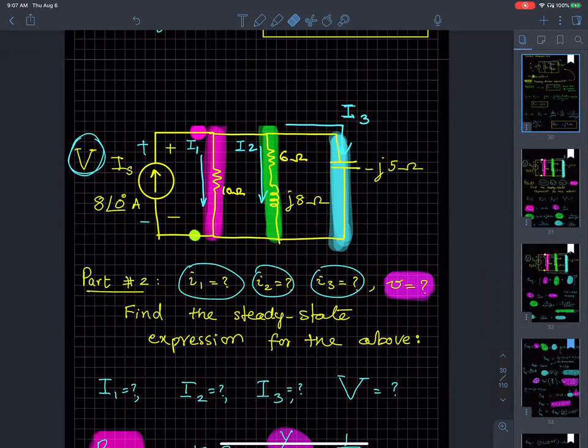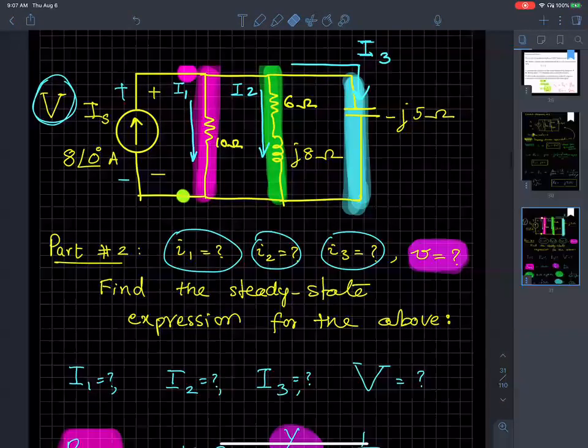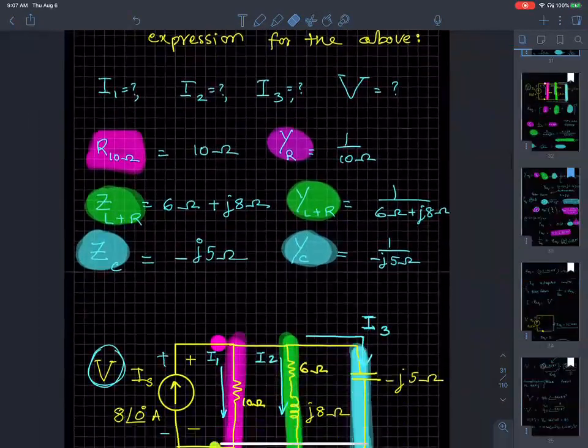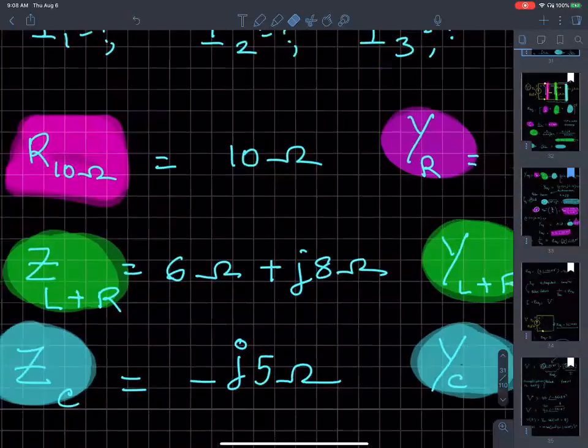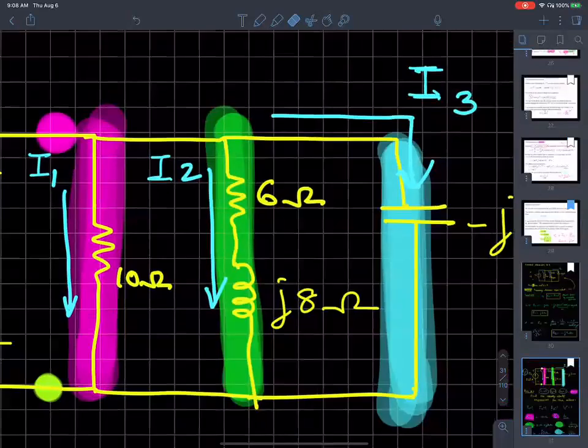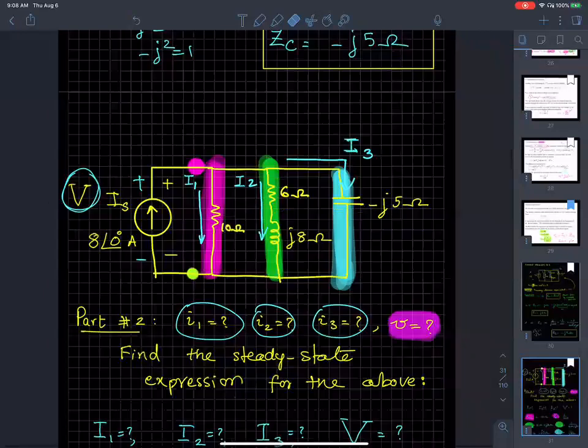Along the way, I had to convert from time domain to rectangular form to polar form, and interconvert between all of those. I started off in the rectangular form, 6 plus complex number j8.